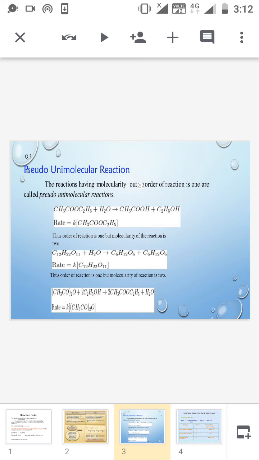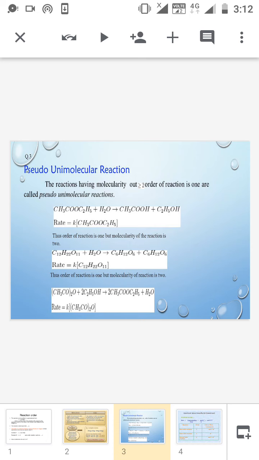Note this reaction. It appears in two cases: as a first order reaction, and the same equation also appears as a second order reaction. The difference is that in the pseudo first order case, the concentration of the water has less influence.